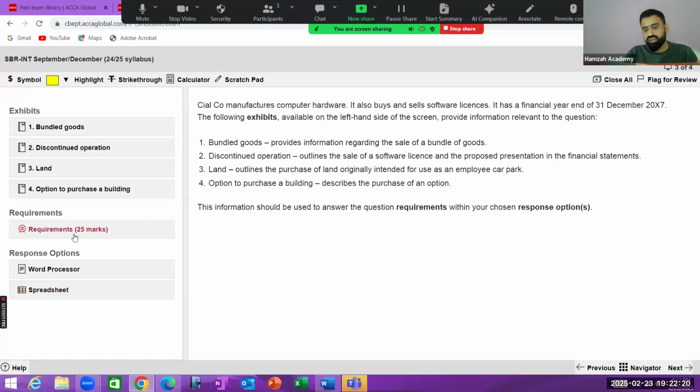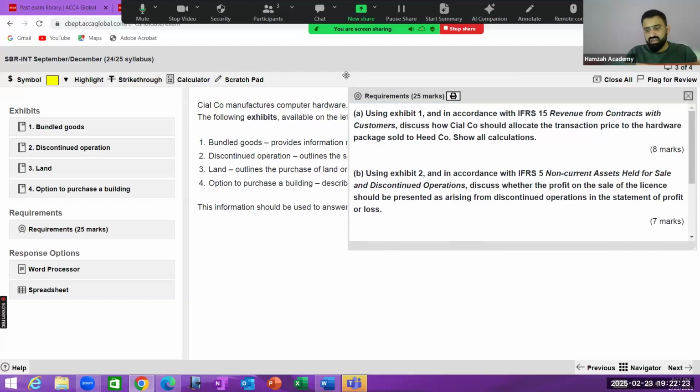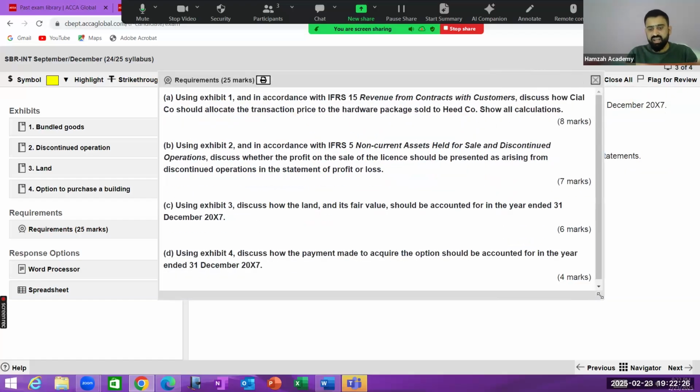As I told you earlier, if the requirement is only about discussion and explanation, then we will be using the word processor. And if there is any calculation involved, and if the calculation is a simple one, that should be done on the word processor. But if there is a complex calculation, for that purpose, you can use the spreadsheet as well. So you have 4 exhibits in a question, and each exhibit you can see in a requirement tab. Each exhibit has a unique requirement.